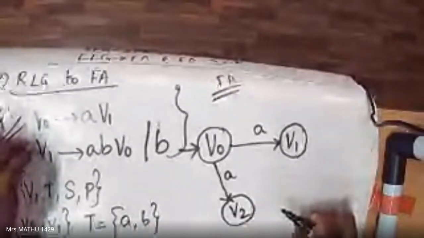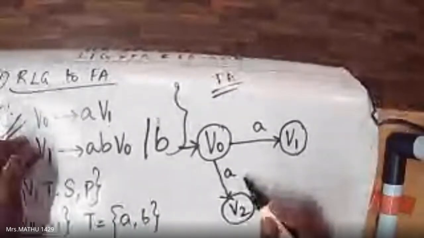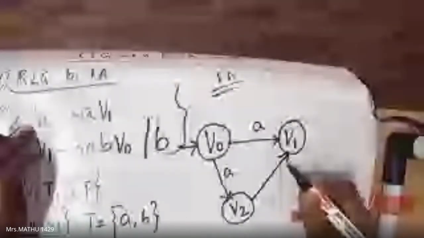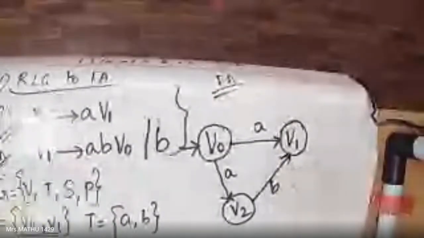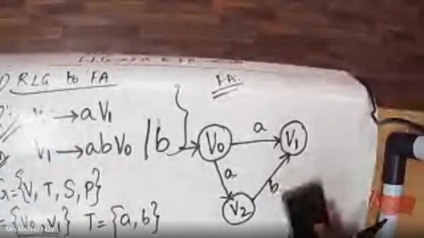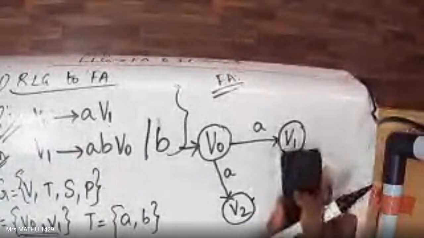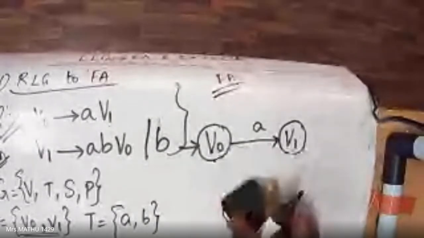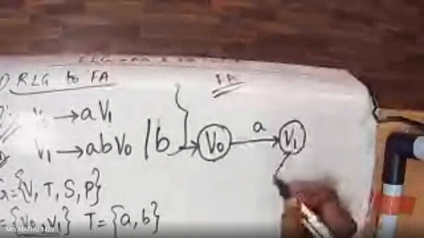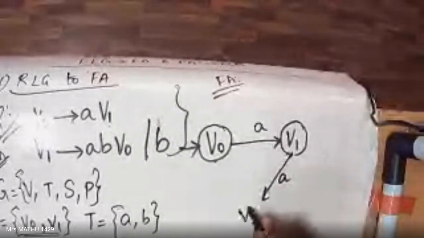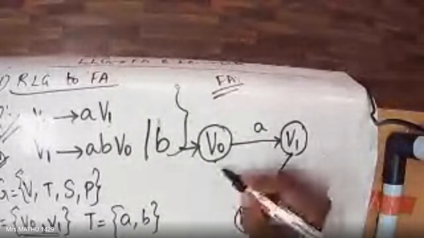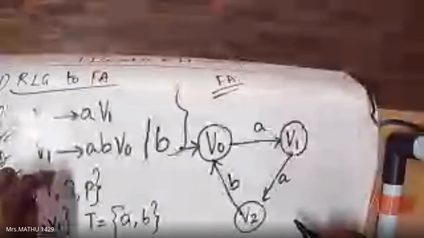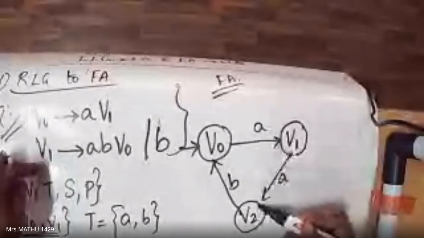From V1 on reading A, it goes to the intermediate state V2, and from V2 on reading B, it goes to V1. So from V1 on reading input AB, it goes to V1.